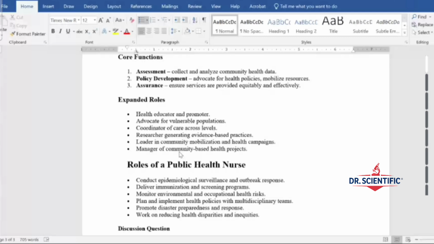And then we have policy development. When you're talking of policy development, it is whereby, when you see there is a problem in a particular community and this community is at risk, you can do research. You design a topic, come up with your proposal, and then do data collection.